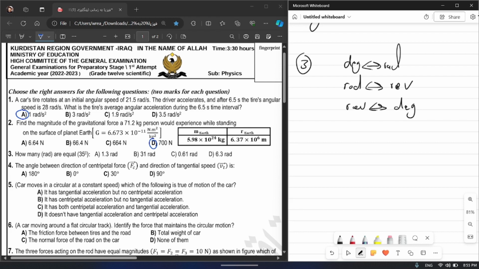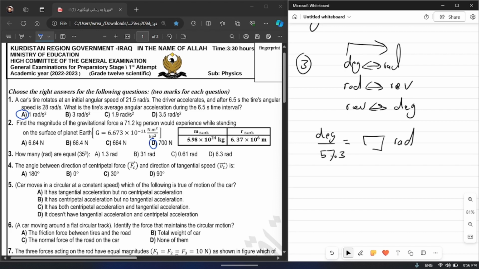Here we're converting degrees to radian. There is an easy way: whenever we have a degree, all you need to do is just divide the degree by 57.3, and we will get the answer in radian.